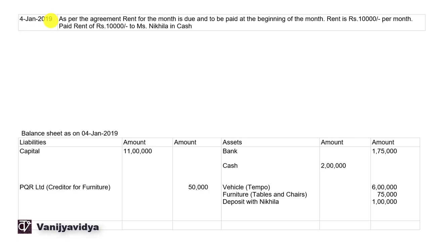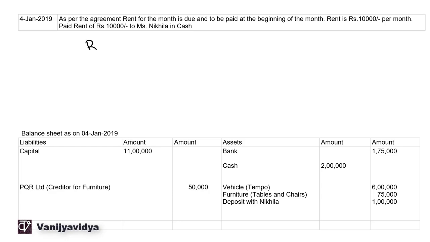4 Jan 2019. As per the agreement, rent for the month is due and to be paid at the beginning of the month. Rent is rupees 10,000 per month. Paid rent of rupees 10,000 to Miss Nikhila in cash. So in last transaction we had seen that we had taken the office premises from Miss Nikhila and rent of 10,000 is paid to Miss Nikhila in cash.